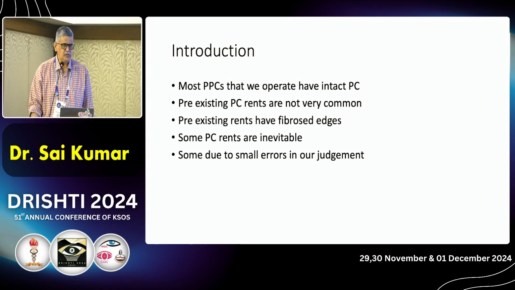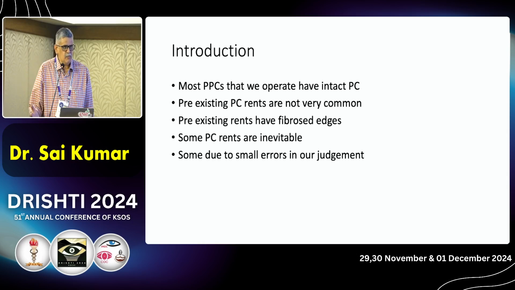Most of the posterior polars that we operate have an intact capsule to begin with. So either the capsule is so weak that it just happens, or one of your techniques during PPC is not right and you have induced a rent. That is what normally happens. The pre-existing PC rents, which we talk about a lot, if you look at the total number of PPCs that we do, is actually not much.